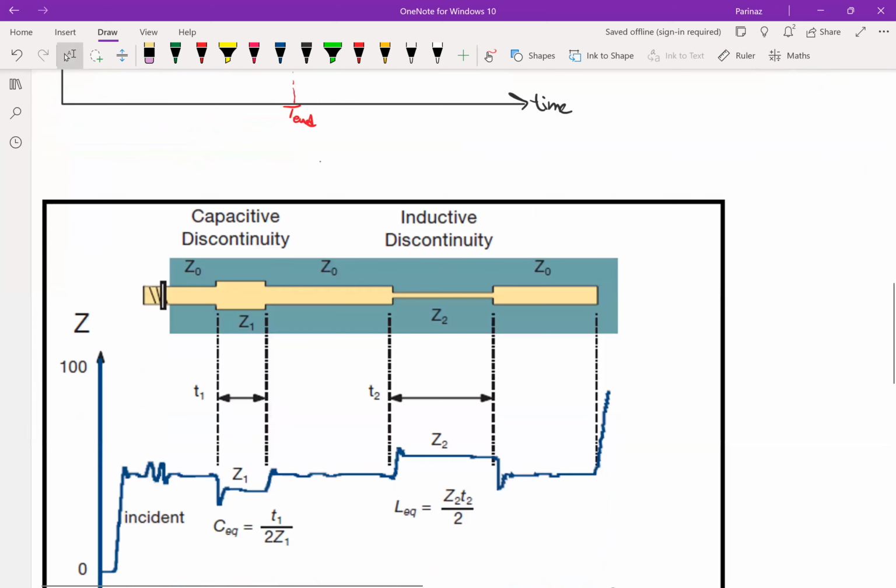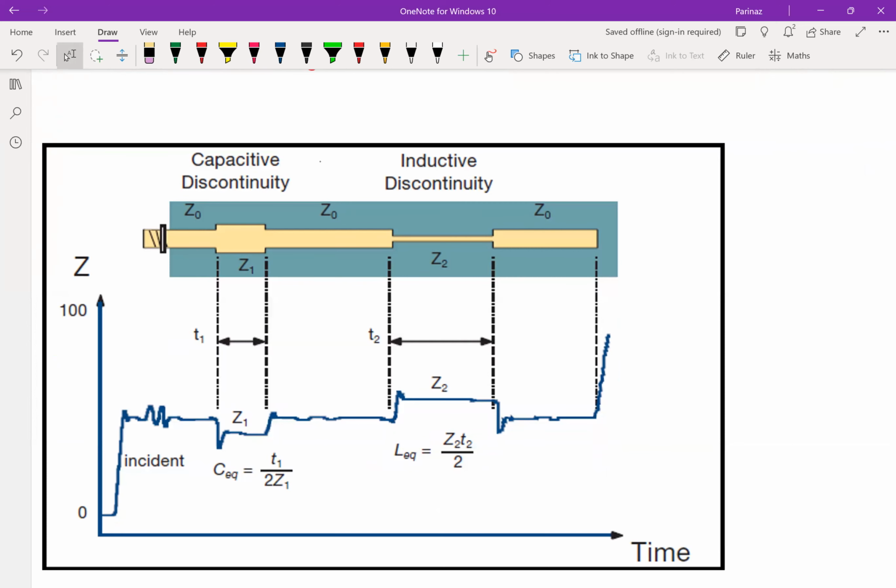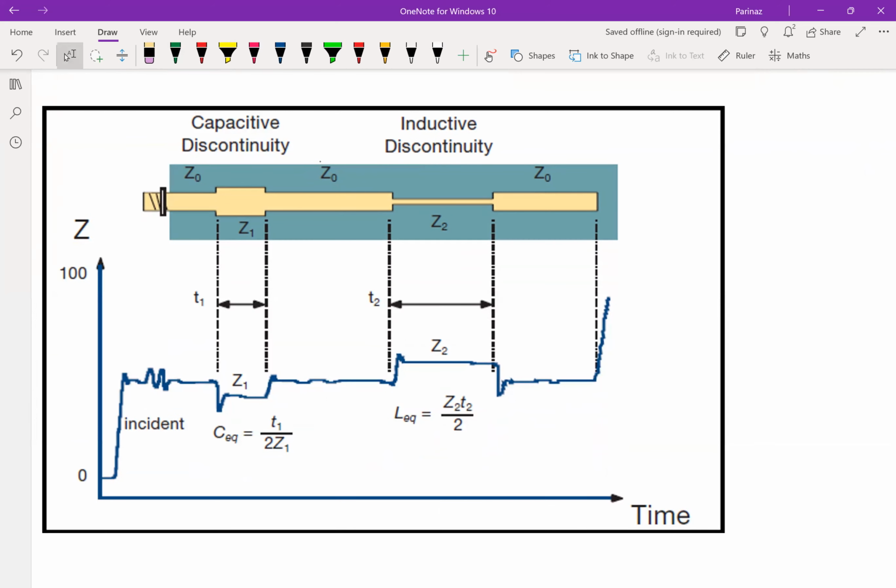Here, it's a similar concept, but instead of changing the route of the signal, we are just changing the width of this line along the way. So I found this on Google. I thought it's a very good example here. So we have the signal launching. Again, it's starting from 0 ohm.